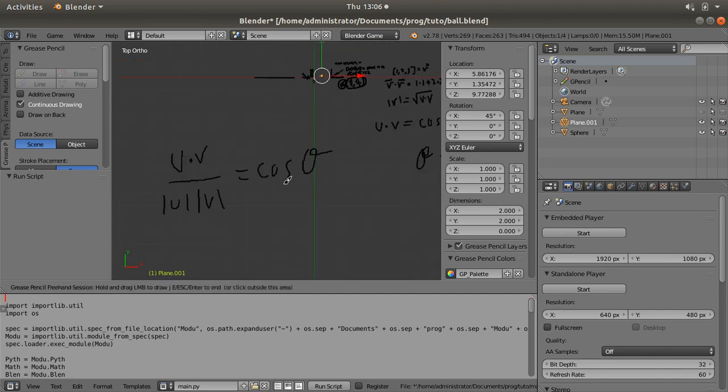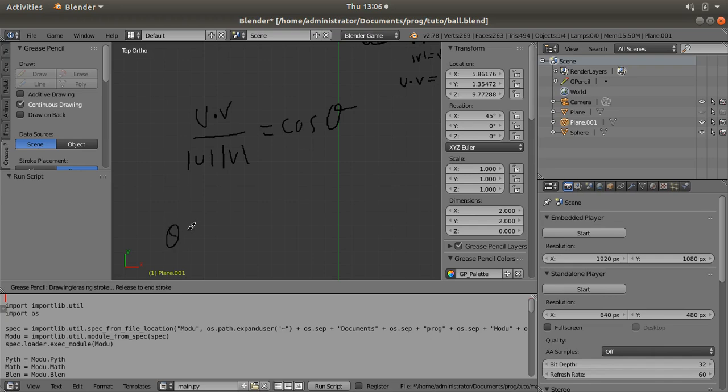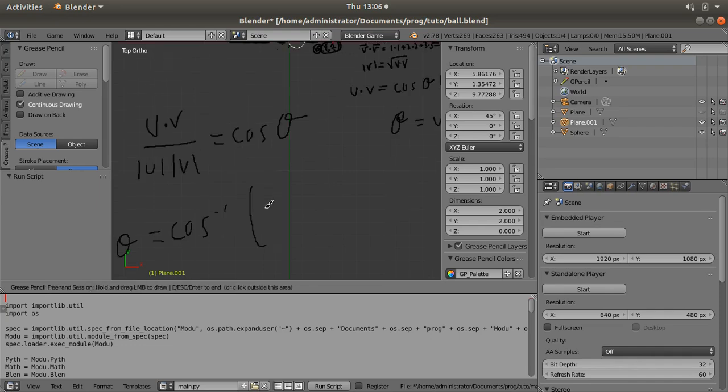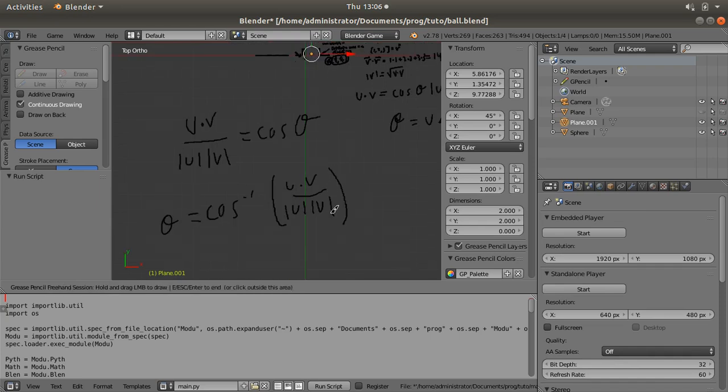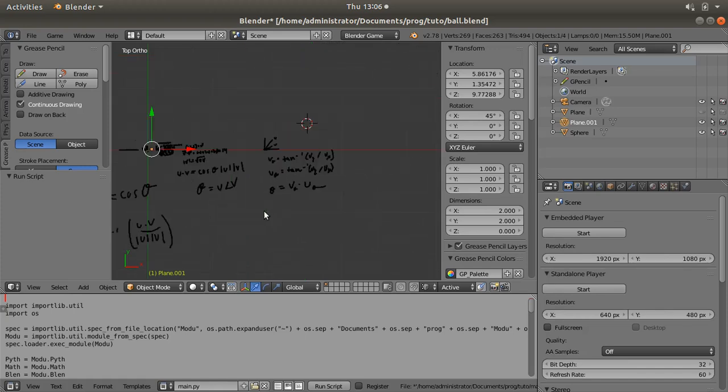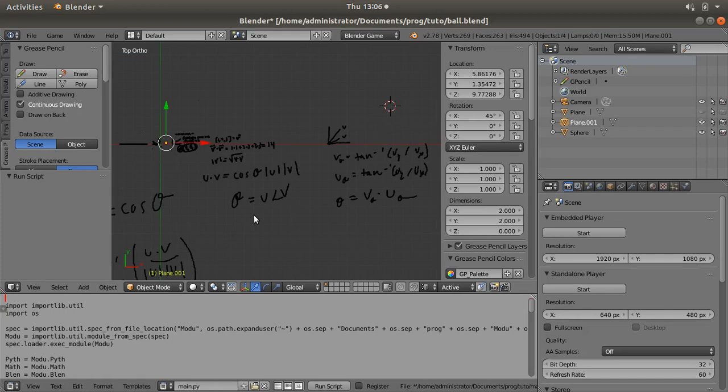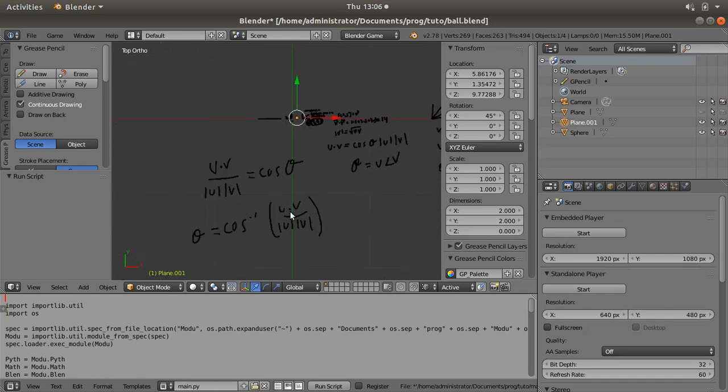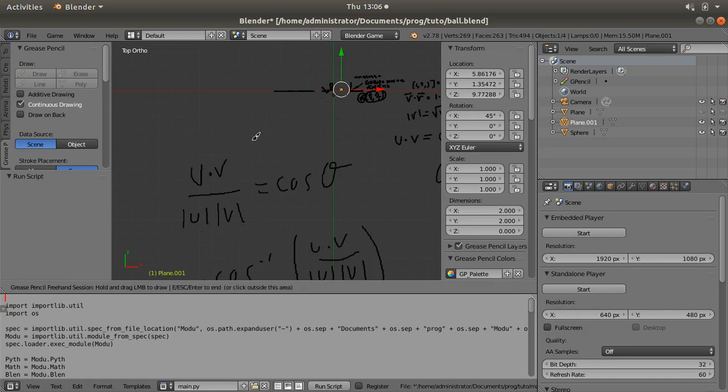Then take the inverse cosine of both sides, and you get theta is equal to inverse cosine of u dot v over mag of u times mag of v. And this is pretty nice because these vectors can have any dimension, and you can find their angle that way. So I'm going to look more at this.